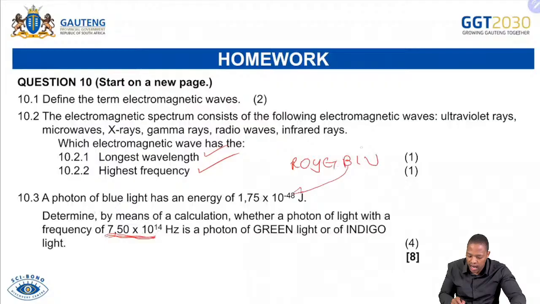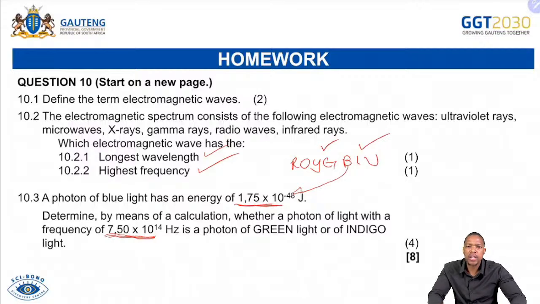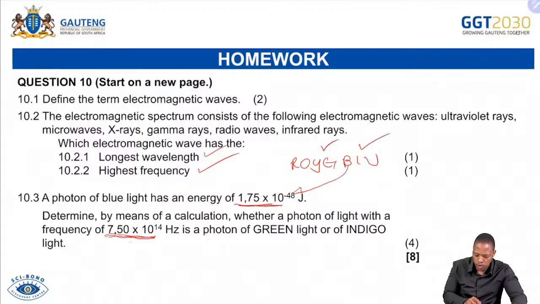If the energy is higher than this one, then it must be indigo. But if the energy that you get when you calculate is smaller than this one, then that light is green. I hope you get how I'm just trying to give you a clue as to how to answer 10.3, as it seems like it could be a little bit tricky. You simply calculate the energy of this photon that is unknown, whether it's green or indigo. How do we determine which? We compare the energy to that of blue light.